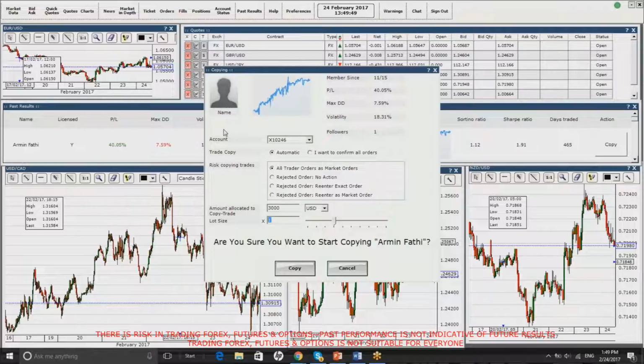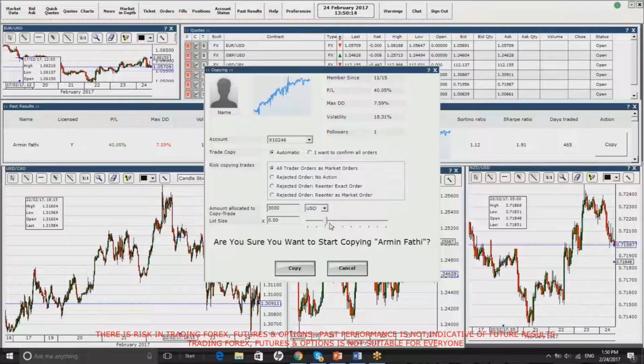Let's say somebody is copying me and they have $5,000 in their account, and they know that I started trading with $10,000, like I pointed out in the beginning. So they figure that it makes sense to lower the risk. In order to do so, they take the lot size multiplier down. Look at that 1, which was blue a second ago.